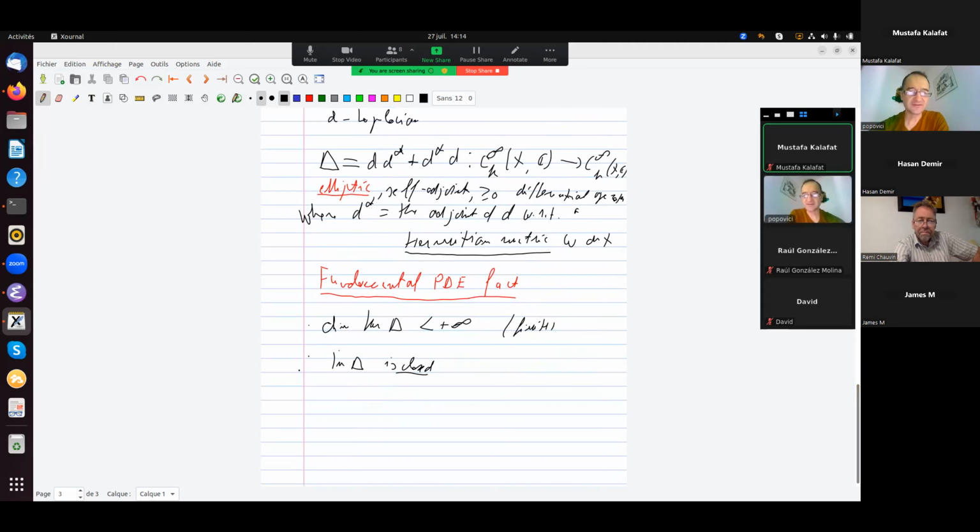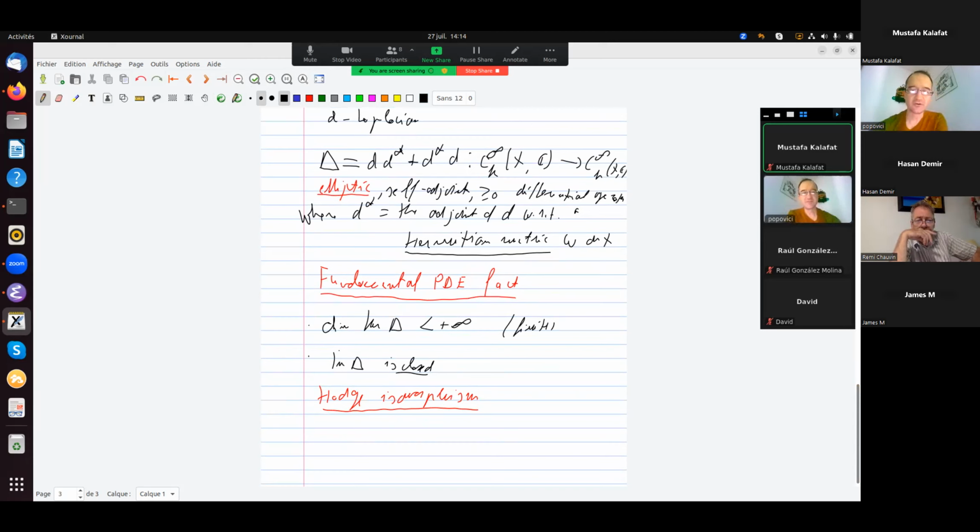On the other hand, another fact is what we call the Hodge isomorphism. I'm only stating these things, since I don't have time to prove them; I would need much more time for this.